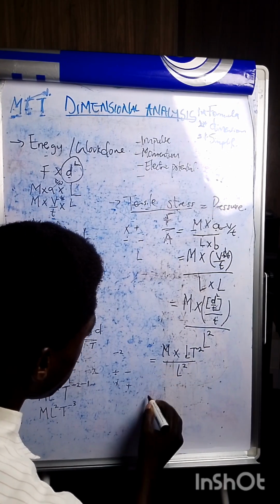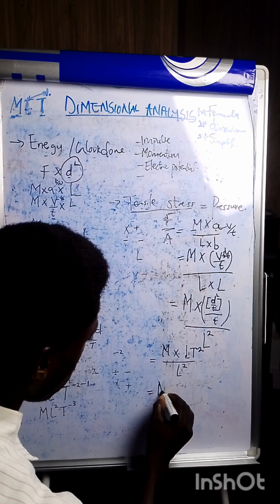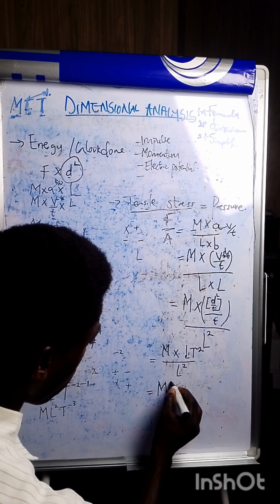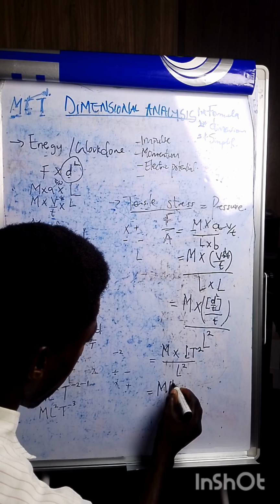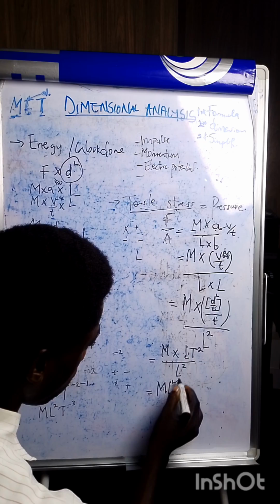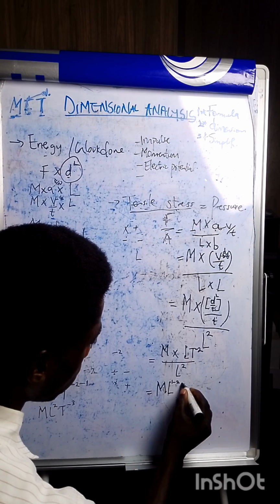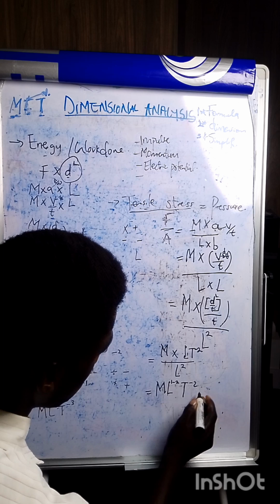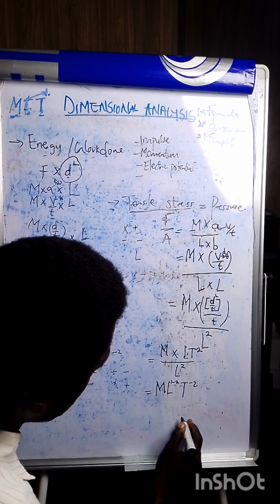Now, using the law of indices, we have our M. Let's make the L 1, so that means the powers will suffer for it. This one is 1 and this one is 1. Divide will be minus now. Minus the 2. So we have successfully made the L one. Then our T raised to the power what? Minus 2. And we're able to get our dimension.